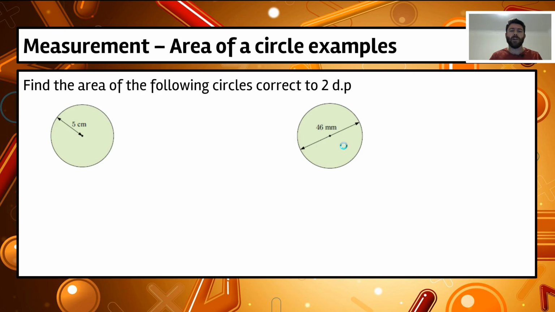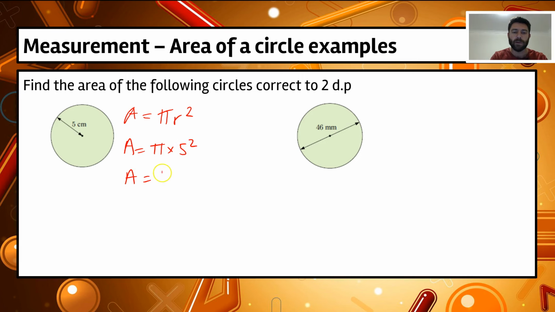Okay, so let's find the area of the following circles correct to 2 decimal places. All right, so if we want to follow our format here, we're going to write the formula. So the formula is area equals pi times radius squared. All right, so our radius is 5, so we're going to substitute. So area equals pi times 5 squared.